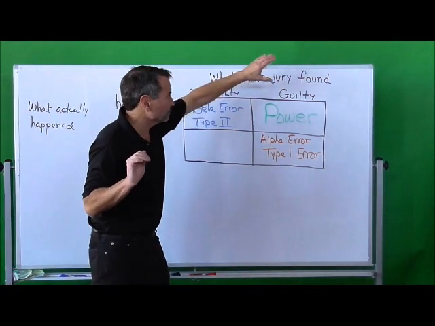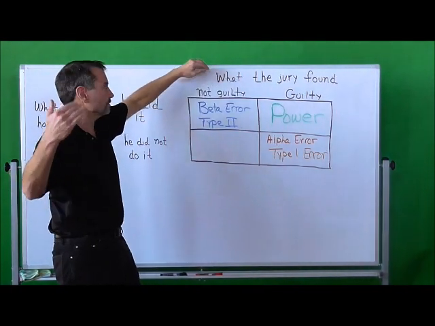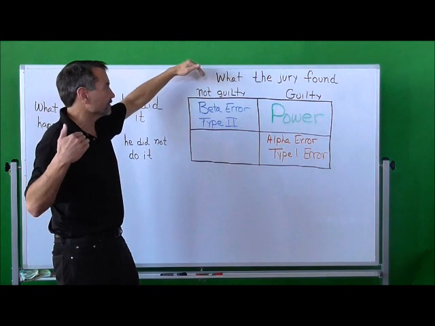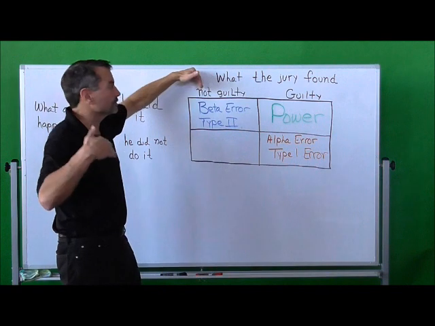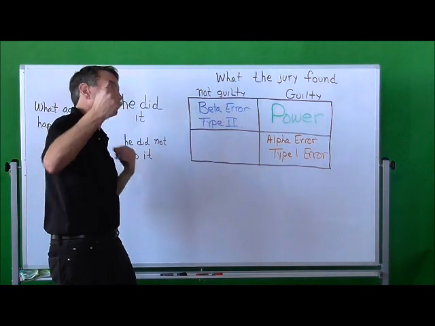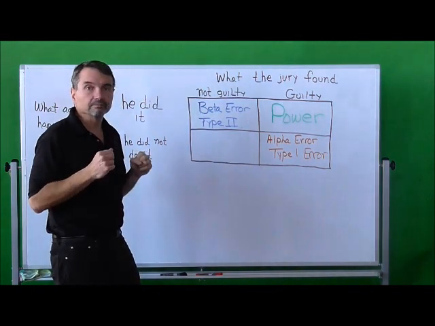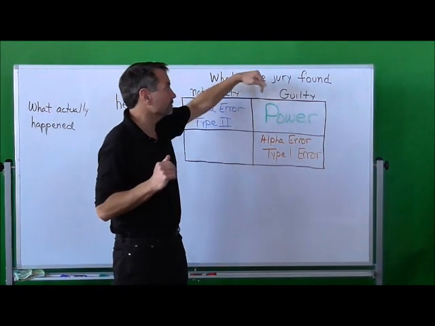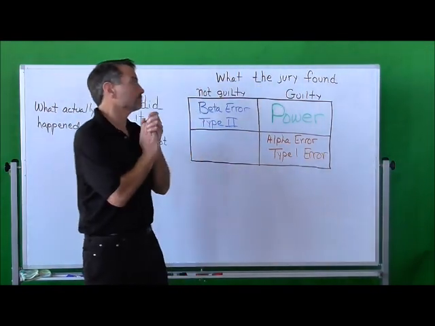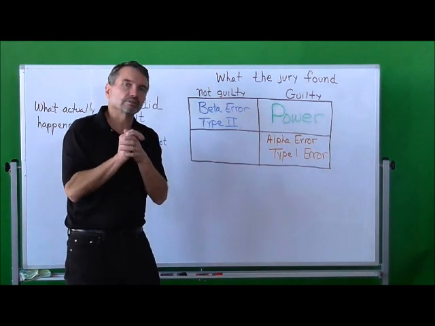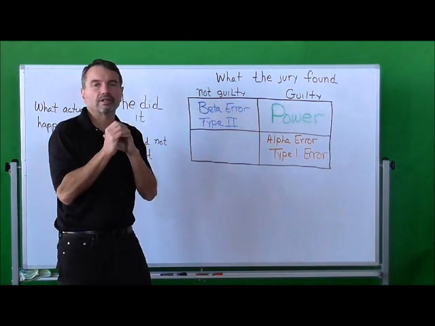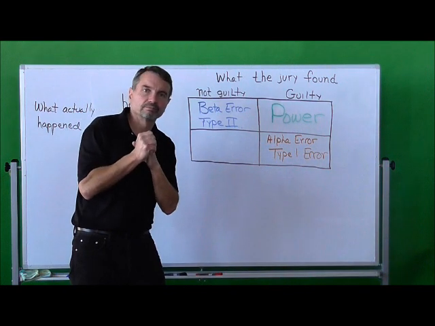And let's go across what the jury found because it's very closely to the hypothesis theory. Number 1, we have one side over here. The jury found the person that was put on trial not guilty. The second box over here, the person that was put on trial was found guilty. Notice that there is no outcome from the trial that has the person found innocent.